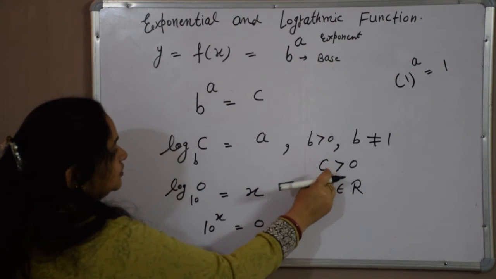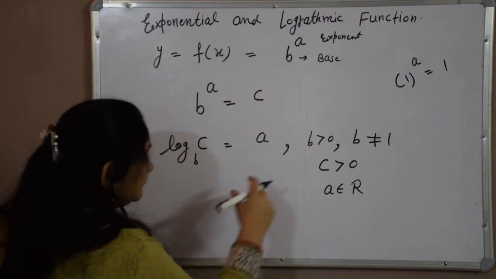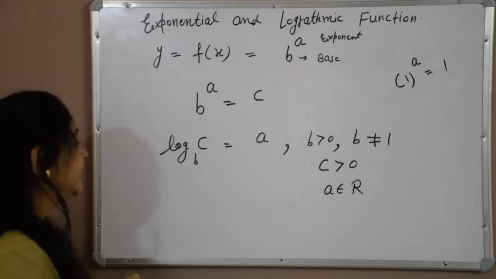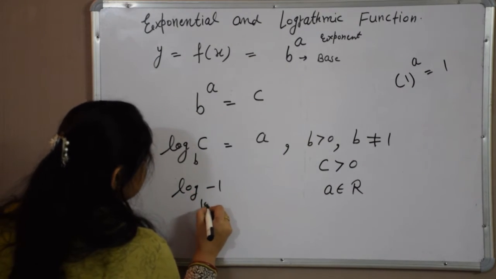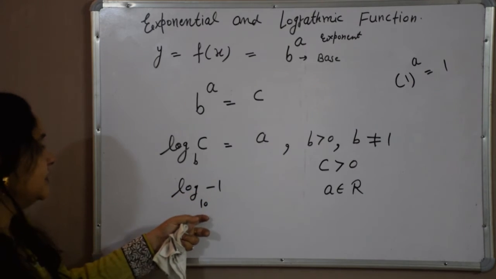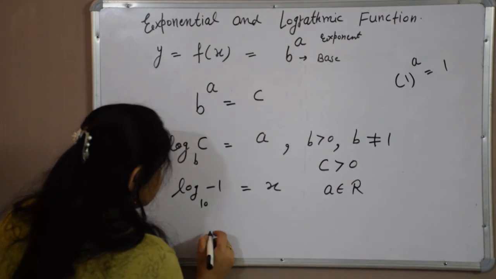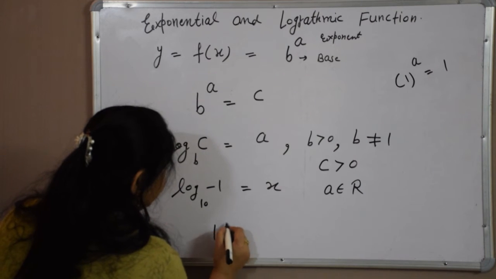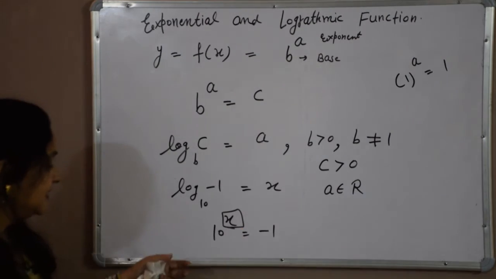Now I will tell you why we can't take c less than 0, that is negative, also. Suppose I am taking minus 1 with the base 10. Log of minus 1 to the base 10 I have to find. Suppose it is equal to x. So this means 10 raised to power x is equal to minus 1. Is there any x possible?